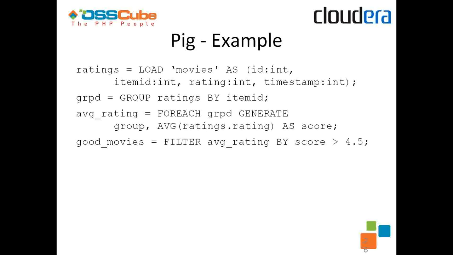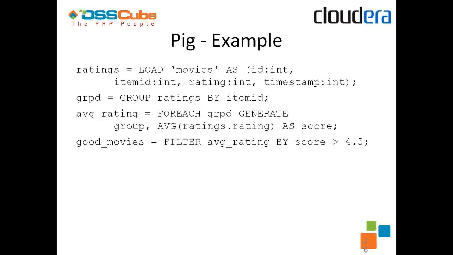Then I can do a group on them, and notice I do a group on the first bag. So on the left I have a bag, ratings. Then I say, okay, group my ratings by item ID, and put the output in a new bag called GRPD. Then I can start processing GRPD and say, for each group in GRPD, output the group and the average rating, name the average rating score, and put that in a new bag.